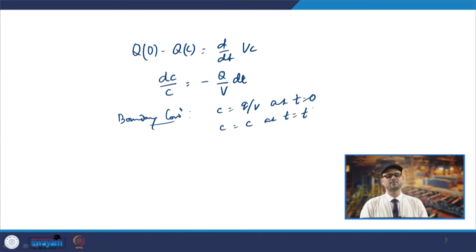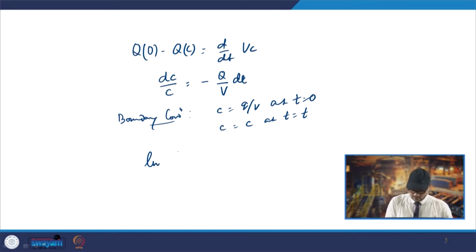For time t you have taken the concentration, and based on that you can further integrate. So, dC upon C gives log C, and for the different values you have log of C upon C0, which equals minus Q by V into dt.